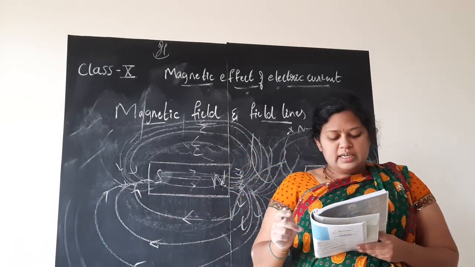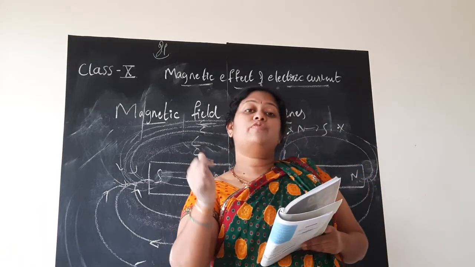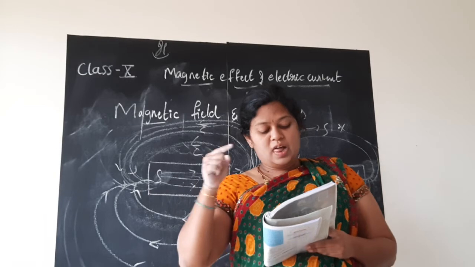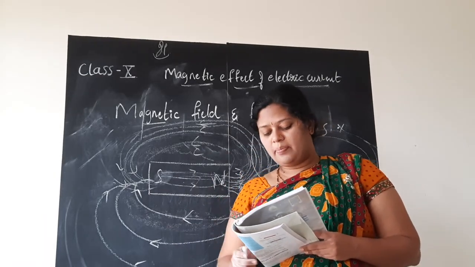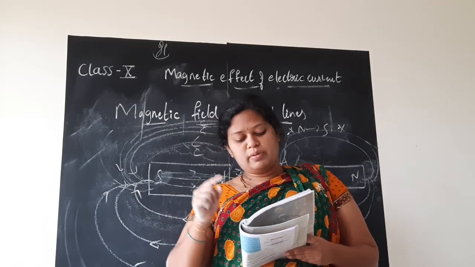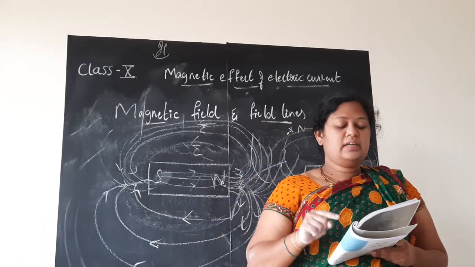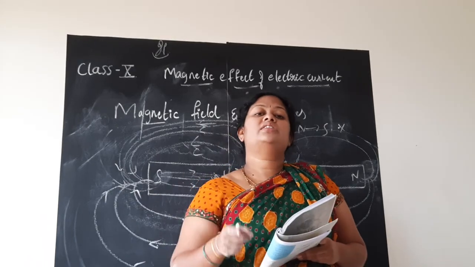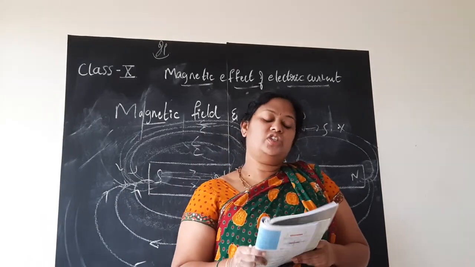That magnetic field strength is making the iron filings arrange themselves in a pattern. Which force? The magnetic force exerted by the bar magnet on the iron filings makes the iron filings arrange in a pattern. The region surrounding the magnet in which the force of the magnet can be detected is said to have a magnetic field. Please underline it. This is the definition for the magnetic field, children.